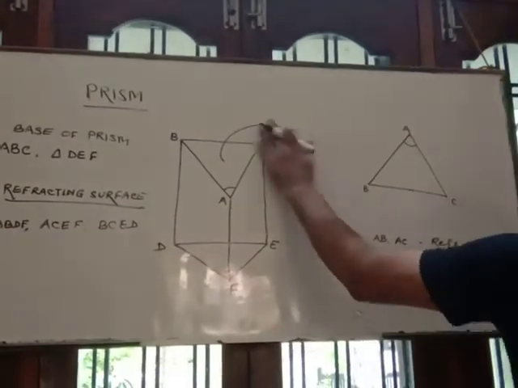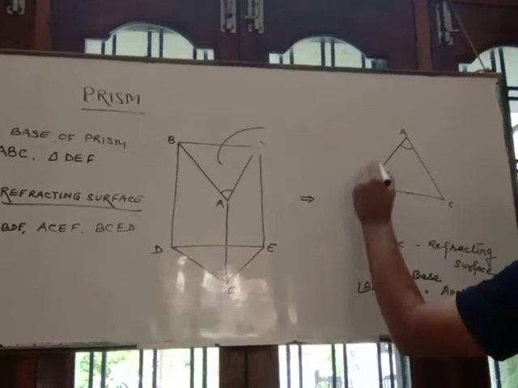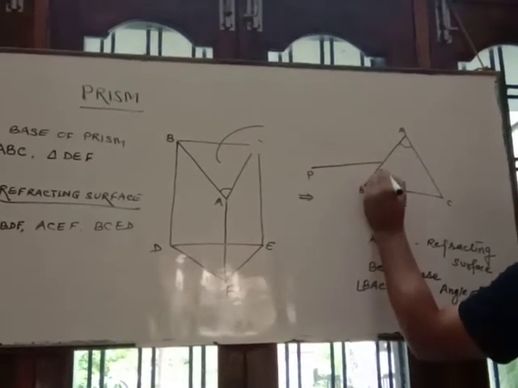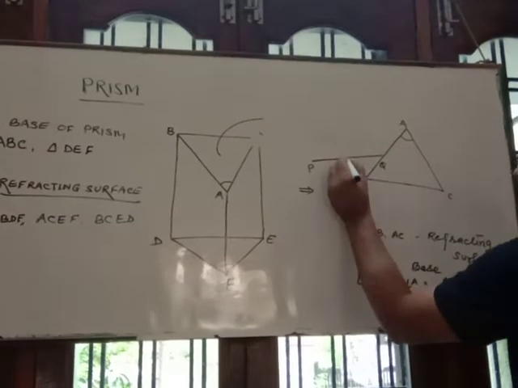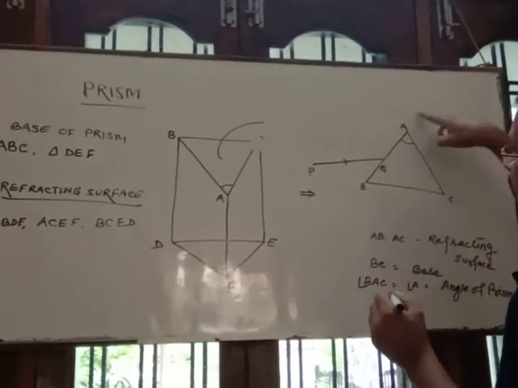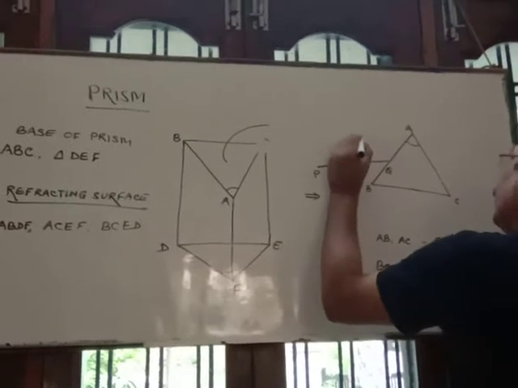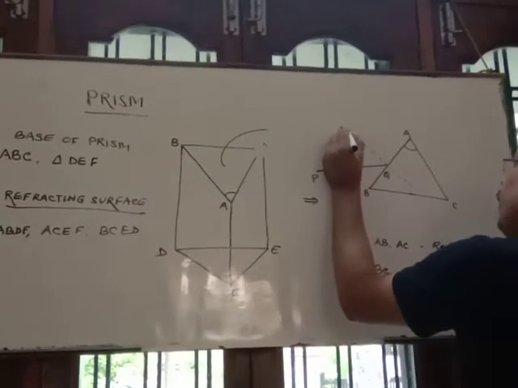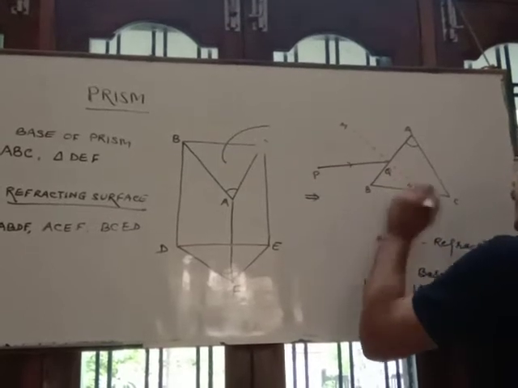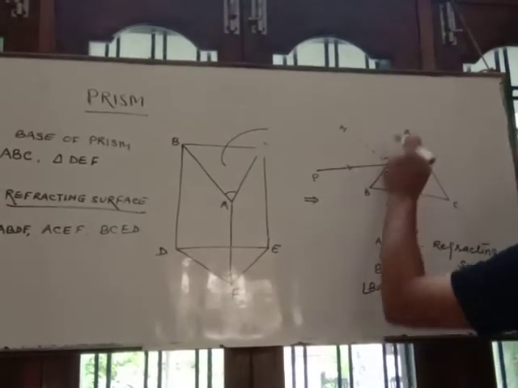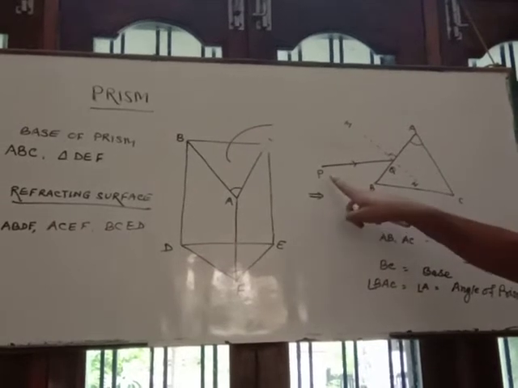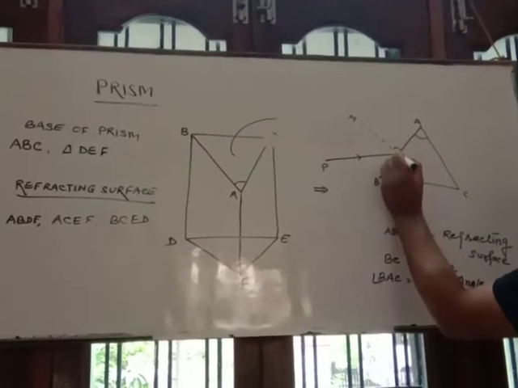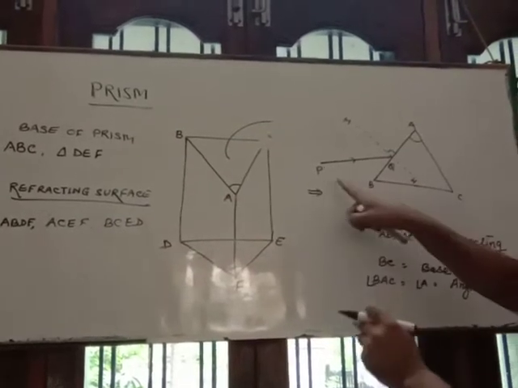See here, suppose PQ is an incident ray at point Q on the AB surface. Draw a normal on the AB surface and let it be MN. The incident ray PQ falls at point Q on the AB surface and moves from rarer to denser.